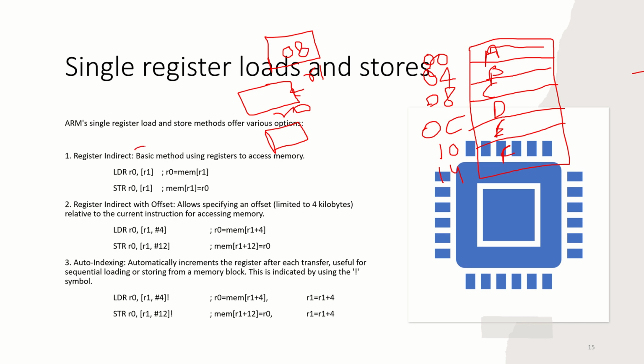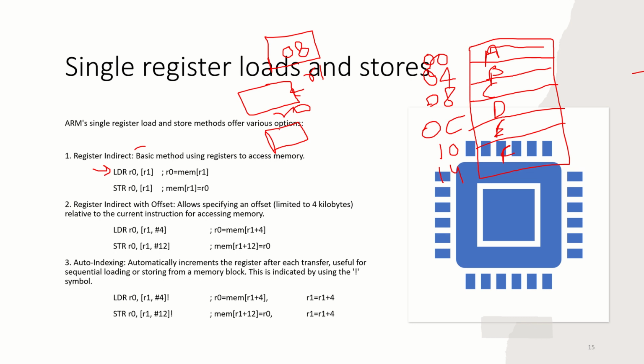Then if I write the instruction LDR R0, [R1] inside the square brackets, R1 means the location 08. At location 08, what is the value? C. Then C will be stored inside R0. That means R0 will be loaded with that value, that is LDR.